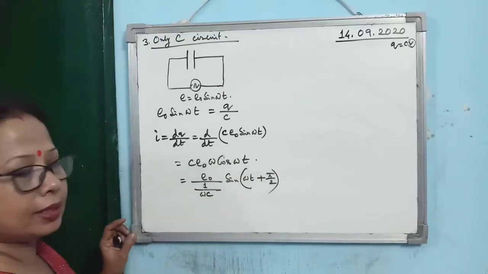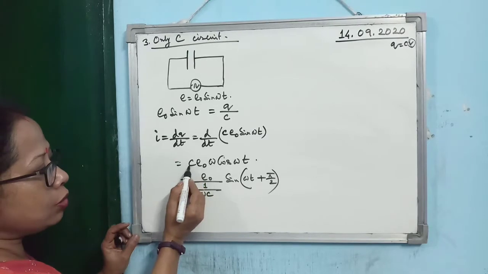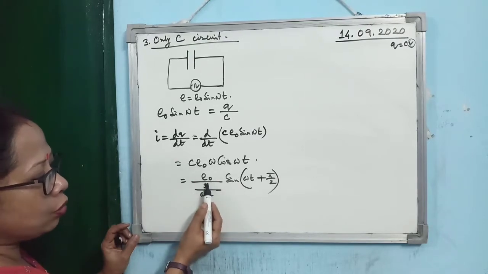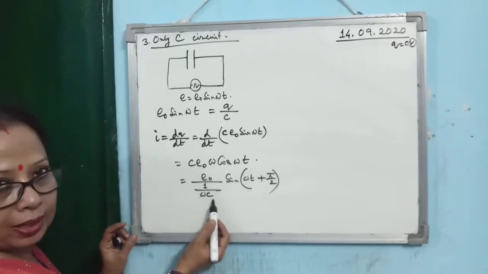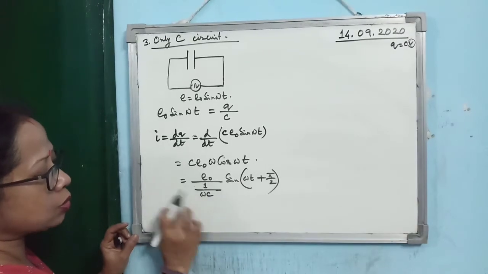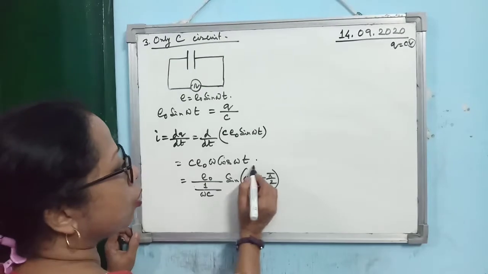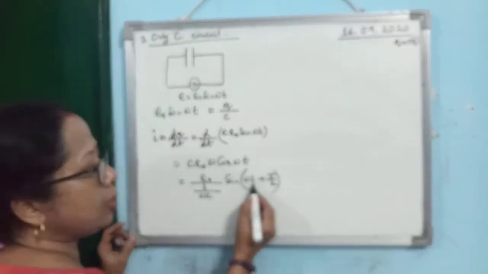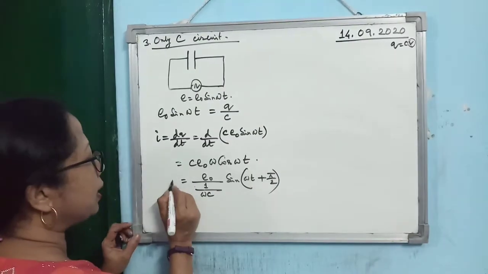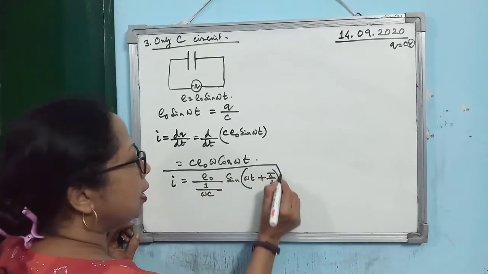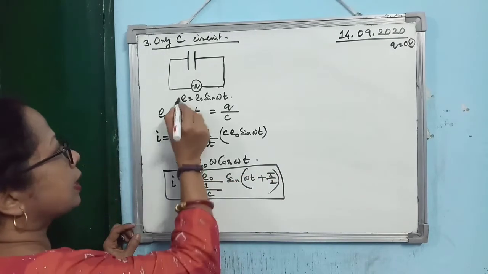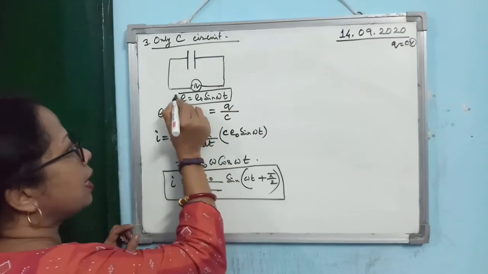Omega cos omega t. So you see, E0 C omega, I can write as E0 divided by 1 upon omega C, because 1 upon omega C means omega C will come in the numerator. And cos omega t you can write as sin omega t plus pi by 2. So this is the current for only C circuit, whereas this is the EMF.